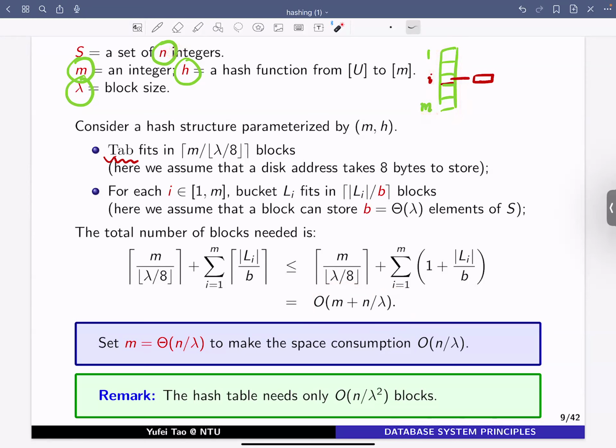How much smaller? Actually, it's smaller than n by a factor of lambda. So in terms of blocks, it also goes down by a factor of lambda. As you can see, the hash table itself only occupies n over lambda squared blocks. So you don't really have to worry about the hash table.